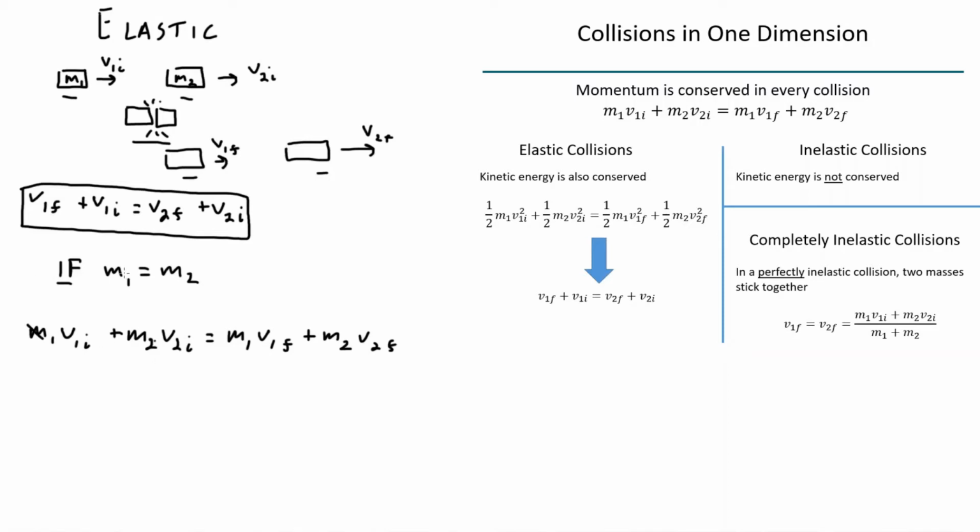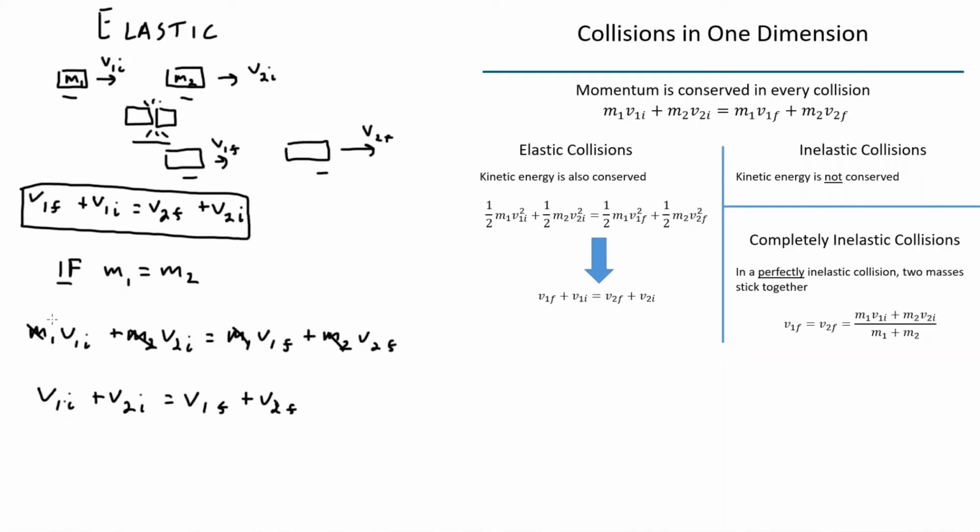Well, all these m's just divide out. They're all the same, so I can divide through by m, and I get v1 initial plus v2 initial equals v1 final plus v2 final.